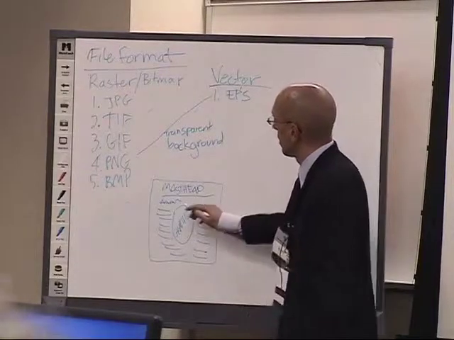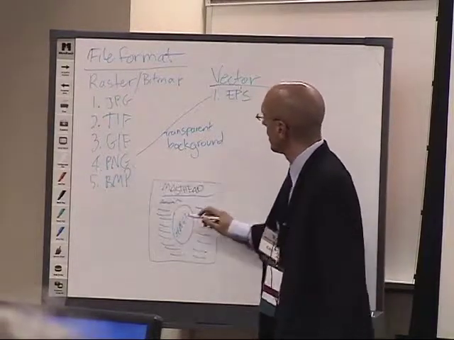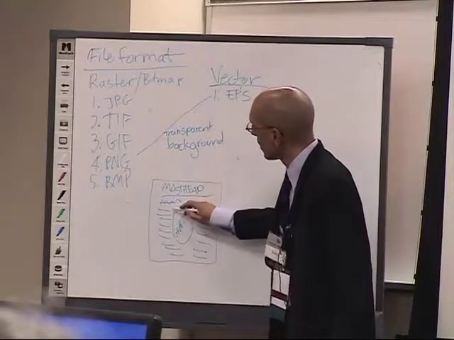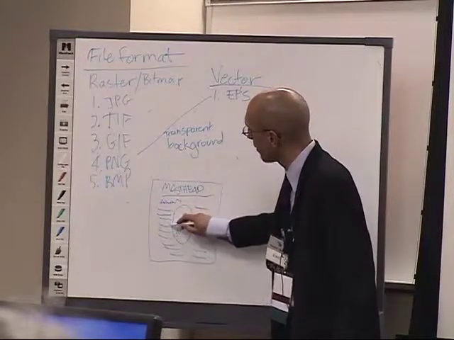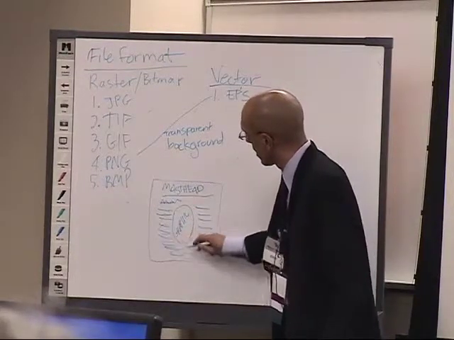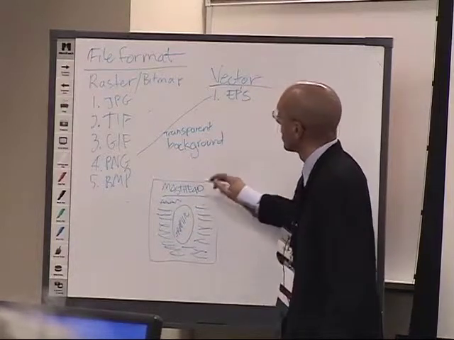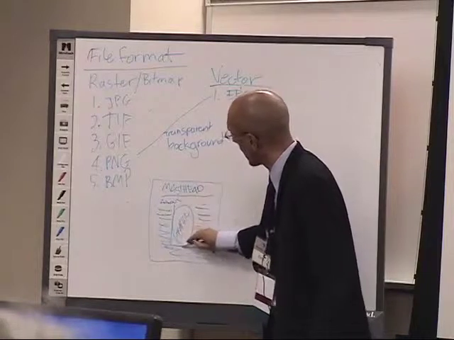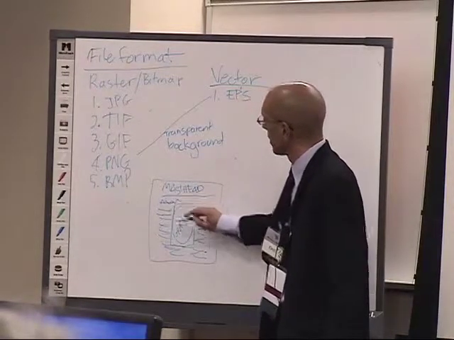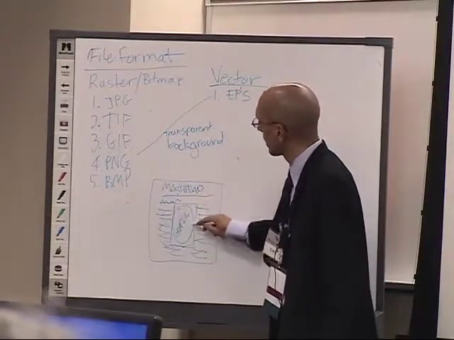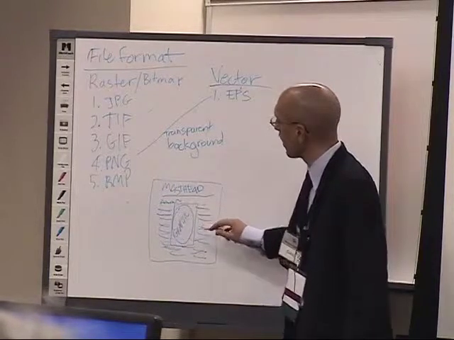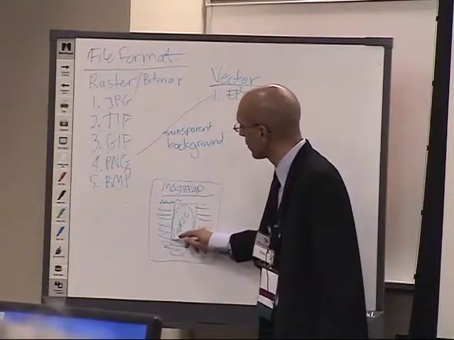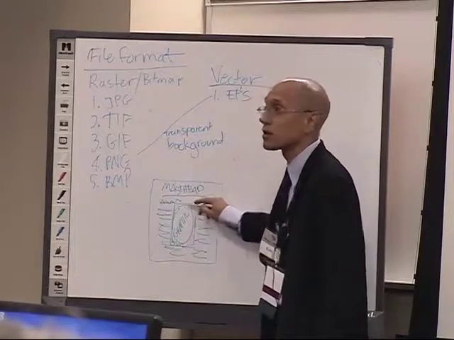Now, a PNG or an EPS will allow the words to wrap around it. But with all these other formats, I'll be stuck with a white box. So I'm going to have this cute graphic of our family crest, and I'm going to be stuck with this white junk.